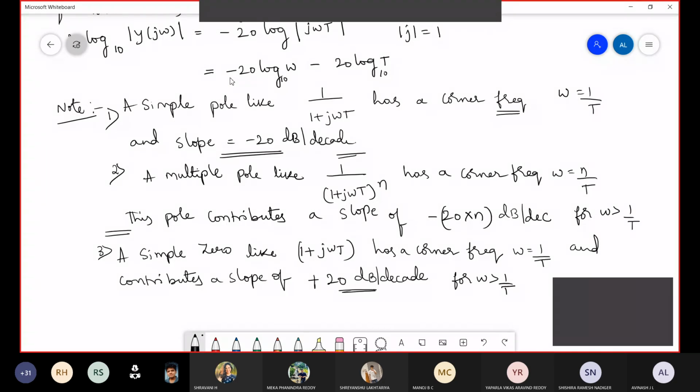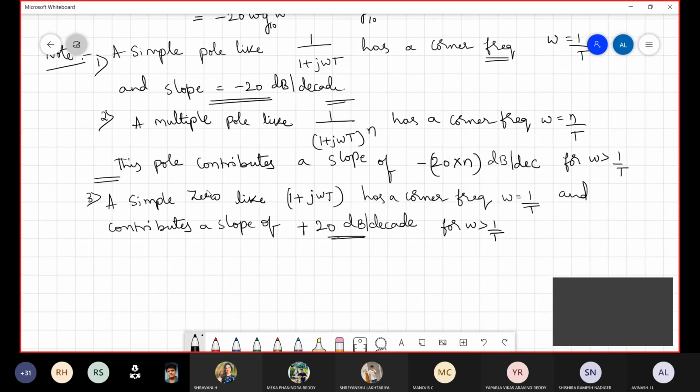Similarly, like the multiple pole, if you consider multiple zeros, how does it come out? Write down the fourth step.